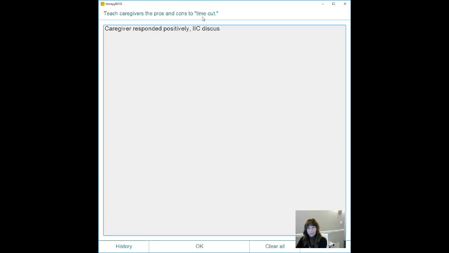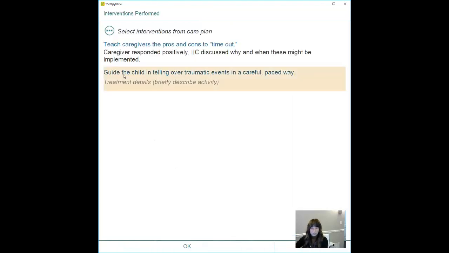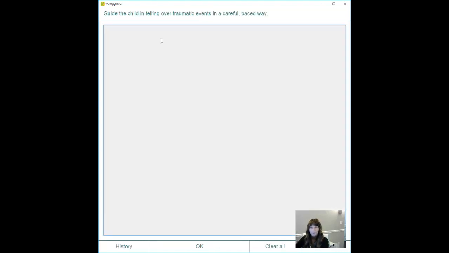IIC discussed why and when these might be implemented, etc. It just might be a sentence or two, but it's describing what's going on. Guide the child, you might write, child had difficulty with learning this skill. However, IIC was able to work with them in a positive manner.